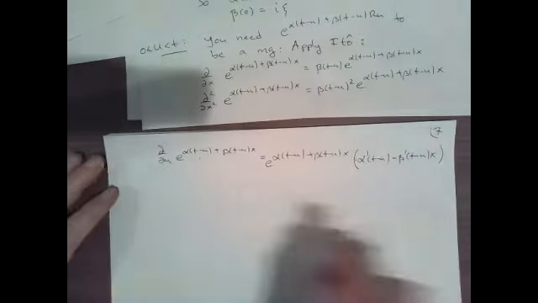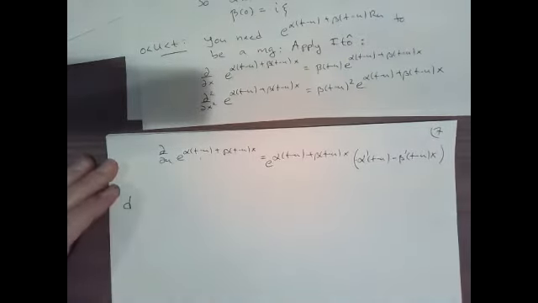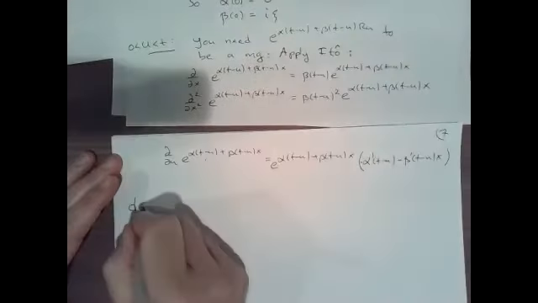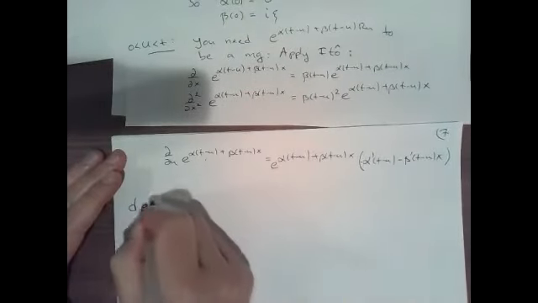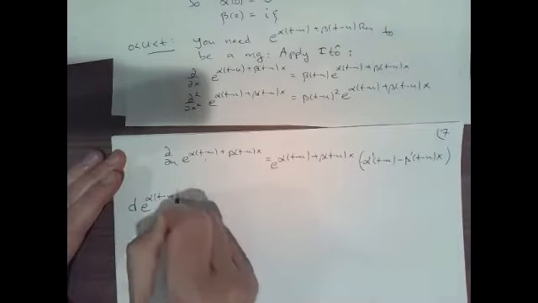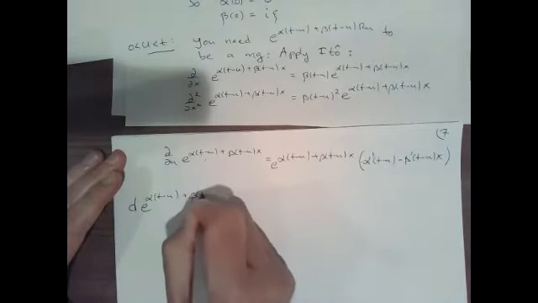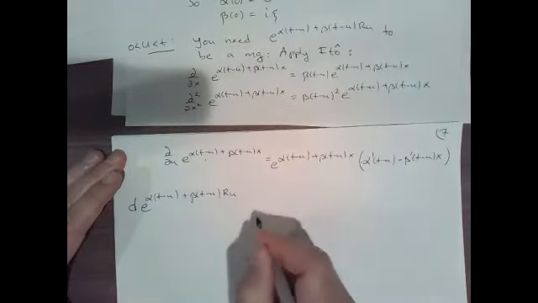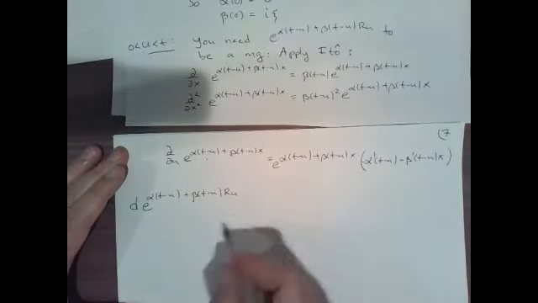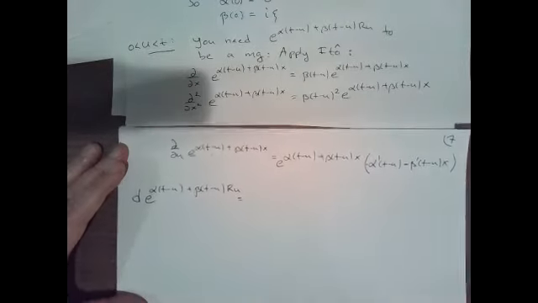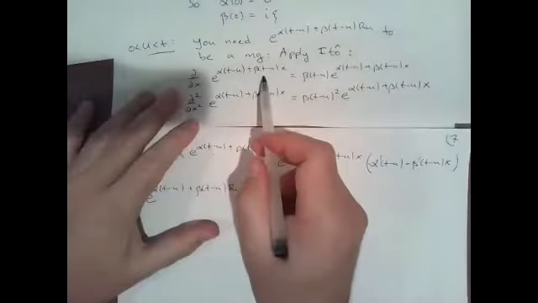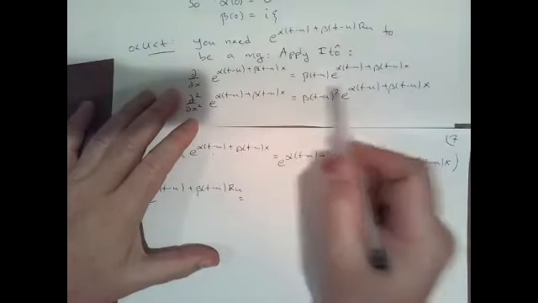Apply Ito. The dynamics of this process up here, e to the alpha(t minus u) plus beta(t minus u) R_u. What are those dynamics? Well, Ito's lemma says take the first derivative.